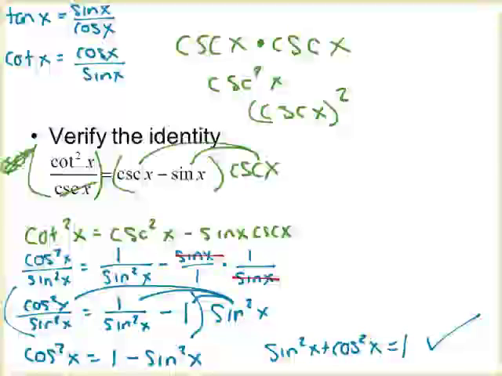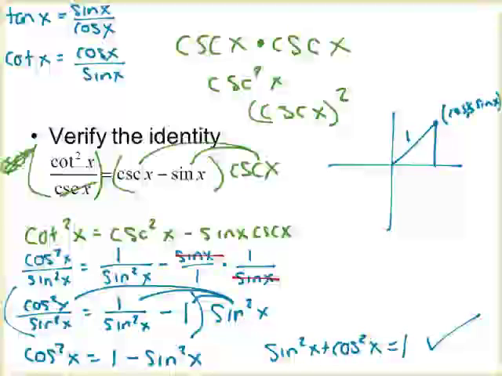How did people find these answers? How did they find the original identities? There's three types. The Pythagorean identities come from the idea of the right triangle and the unit circle. Remember, if it's a unit circle, our radius is 1, and any point on the unit circle is cosine, comma sine.